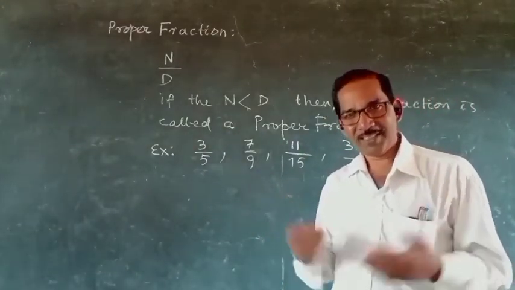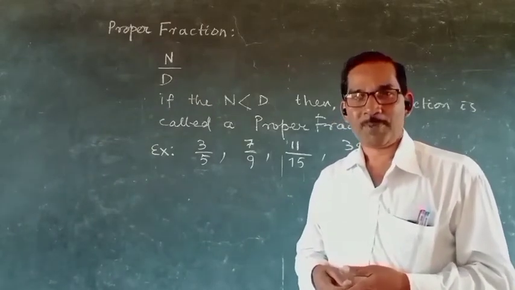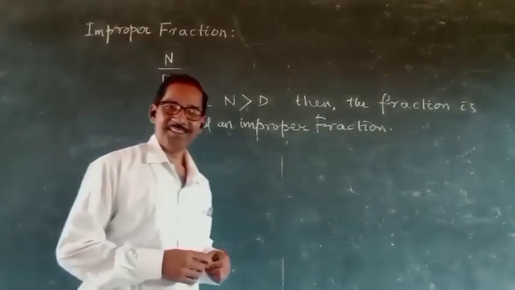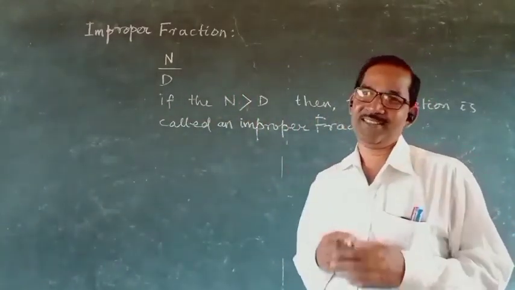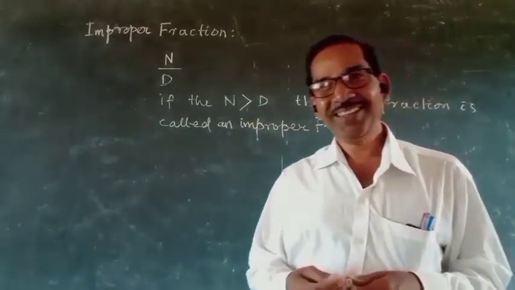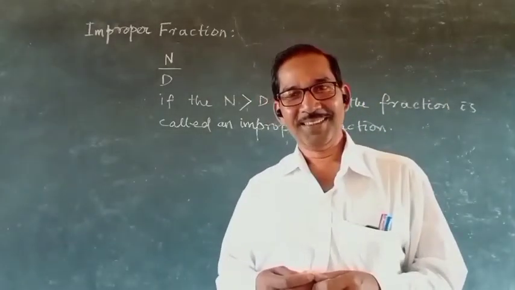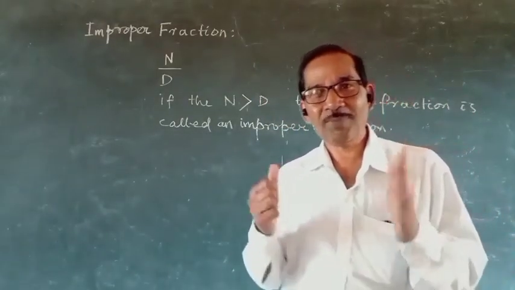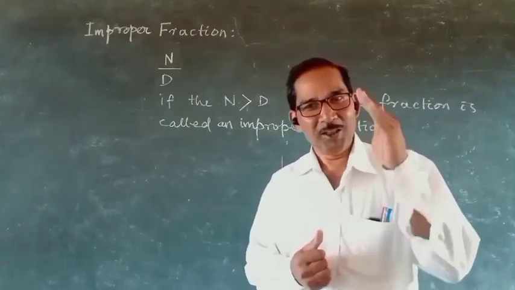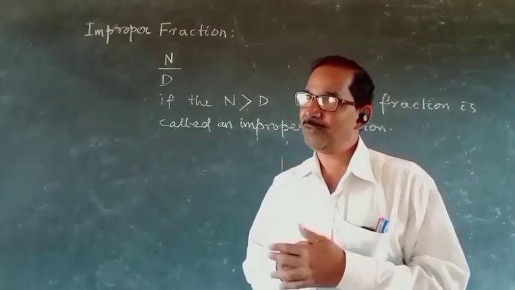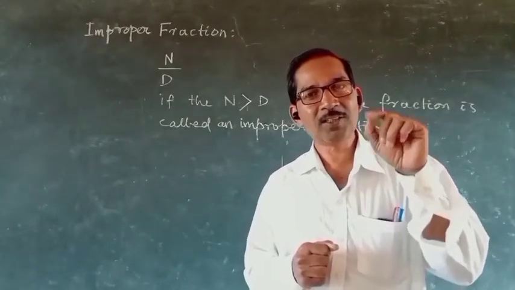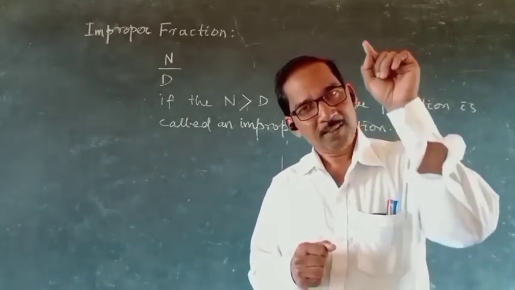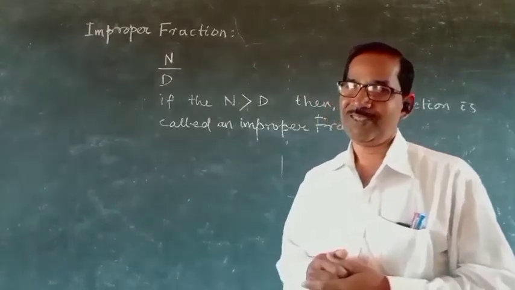Now we will discuss improper fractions. The improper fraction is just the opposite of the proper fraction. In the proper fraction we have found the numerator is always less than the denominator, but in this fraction the numerator is always greater than the denominator.